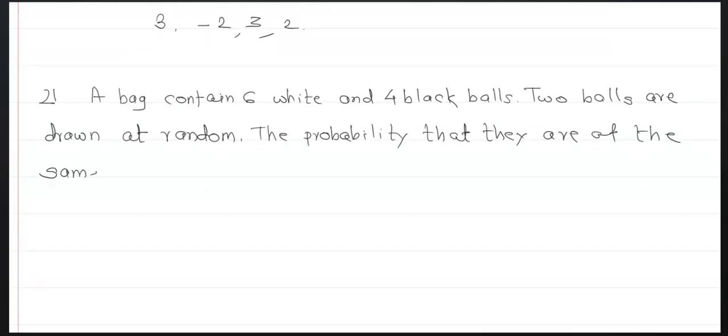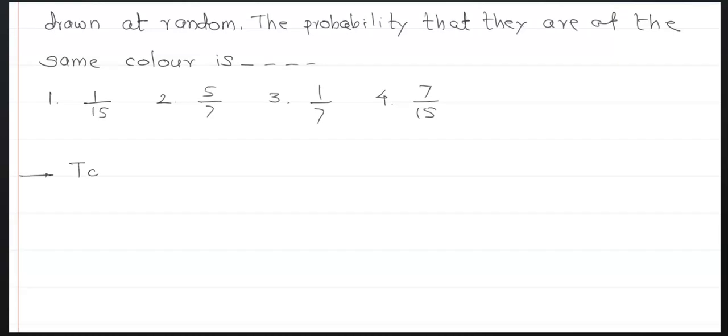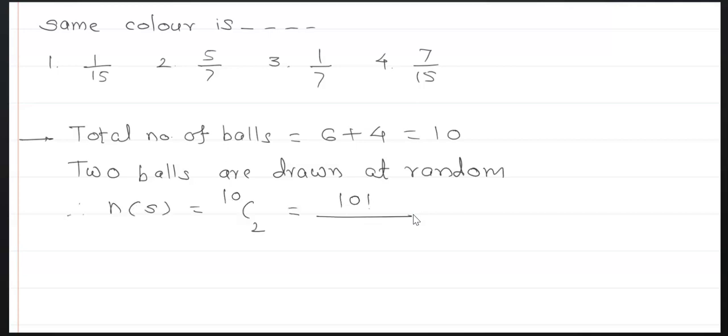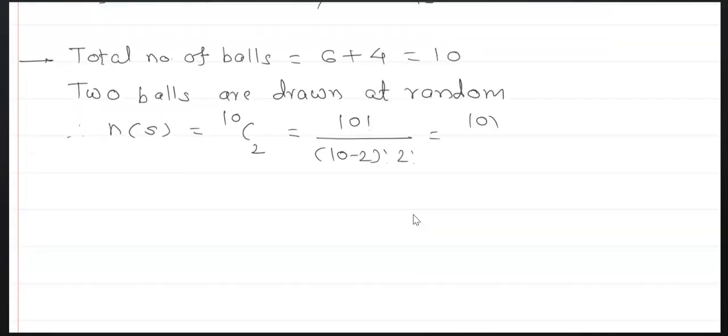The probability that they are of the same color is 1 upon 15, 5 upon 7, 1 upon 7, 7 upon 15. The total number of balls is 6 plus 4, that is equal to 10. 2 balls are drawn at random. Therefore, n of S is equal to 10C2, 10 factorial upon 10 factorial minus 2 into 2 factorial.